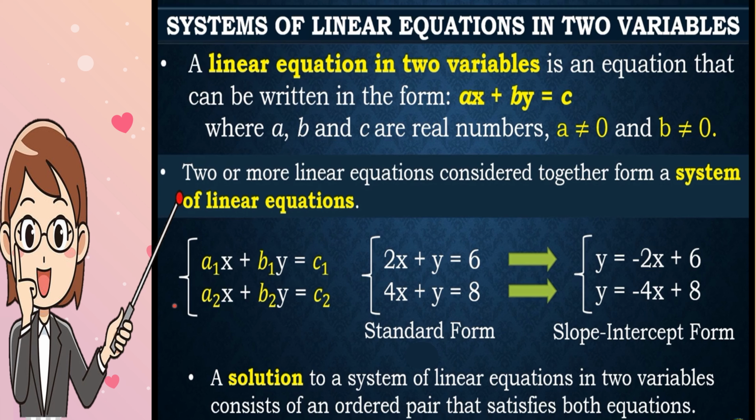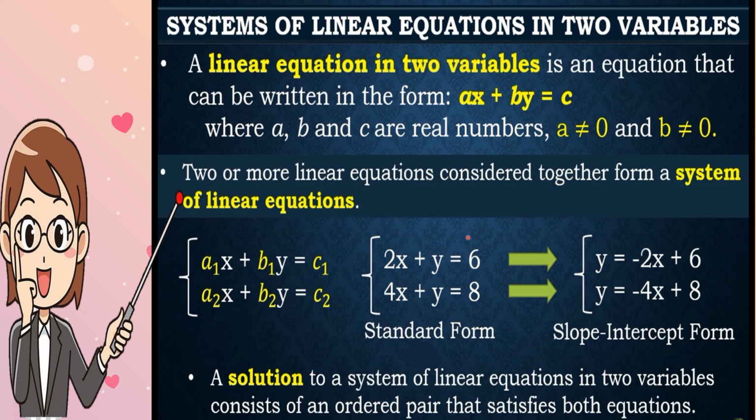It says here that a linear equation in two variables is an equation that can be written in the form ax plus by is equal to c, where a, b, and c are real numbers, a is not equal to 0 and b is not equal to 0. A system is actually a combination of two or more linear equations, and it can be written in standard form and slope-intercept form.